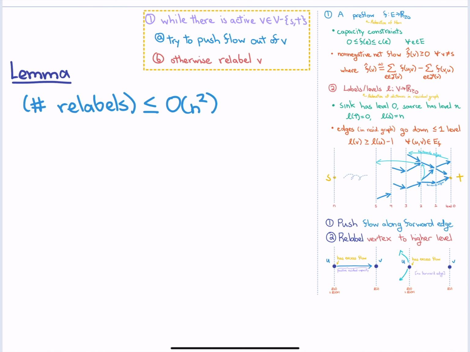All right. This we kind of went over first, so I think you should be able to guess it. I want to argue that the total number of times we relabel any vertex is at most n squared. Why?